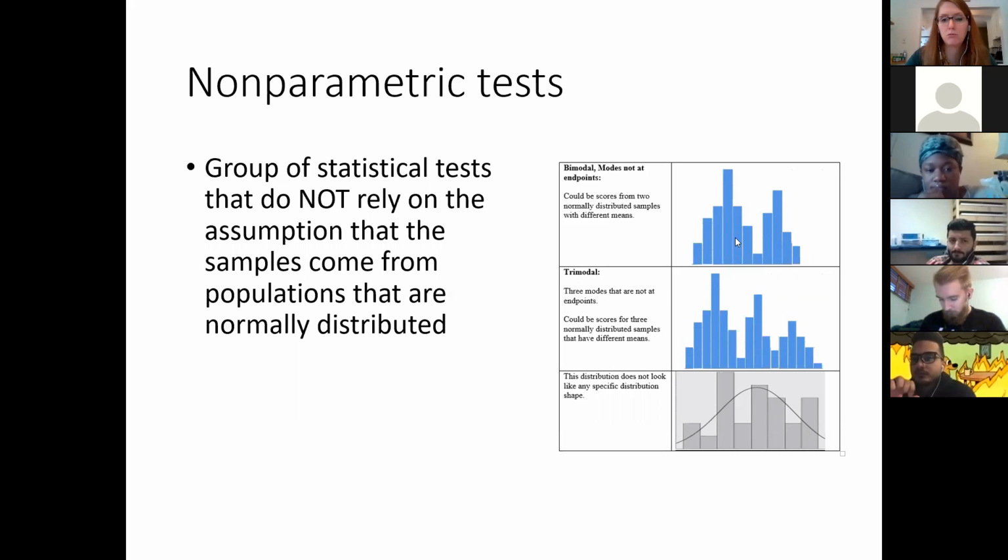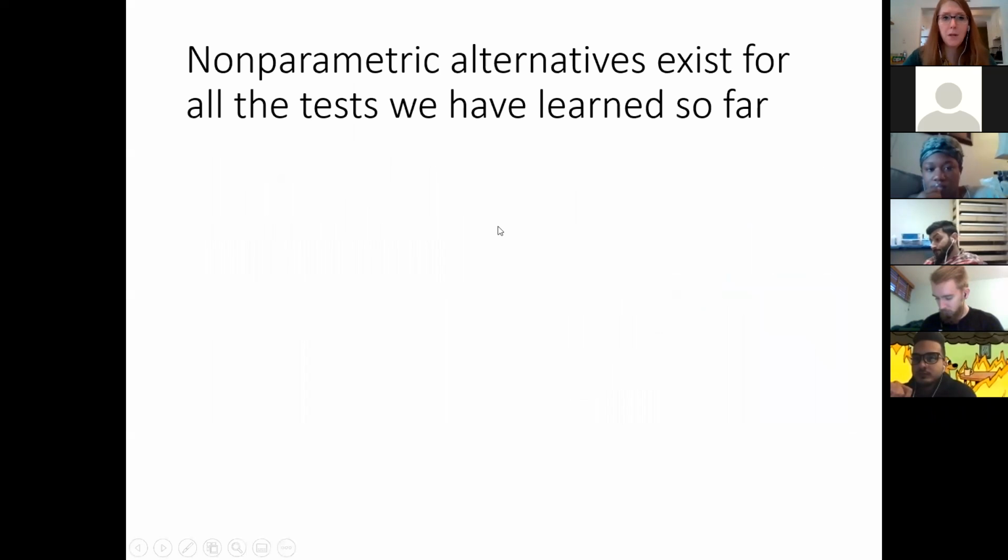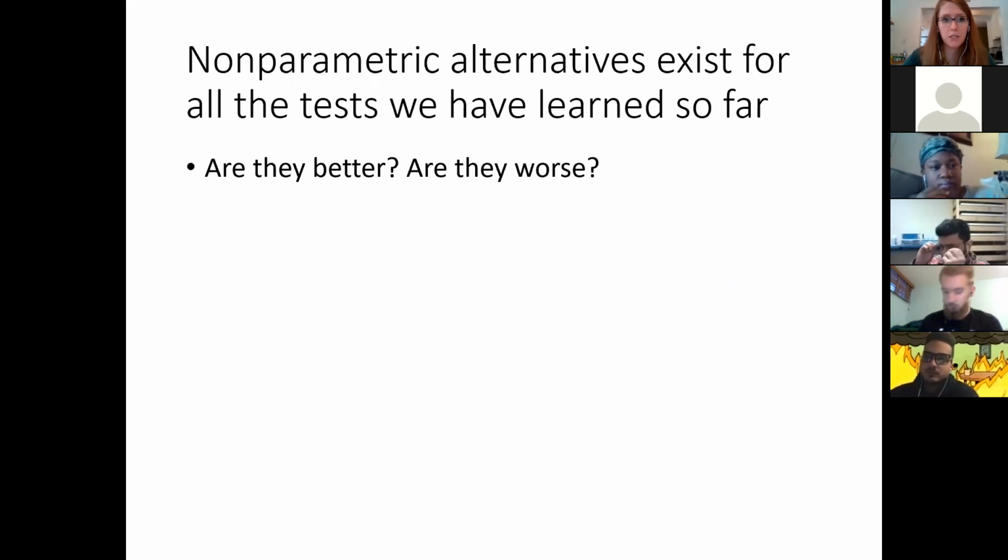But think about these really crazy distributions, and you would never think that it was normally distributed, and you wouldn't want to use one of our parametric tests on it. So non-parametric alternatives exist for all the tests we've learned so far, except for linear regression.